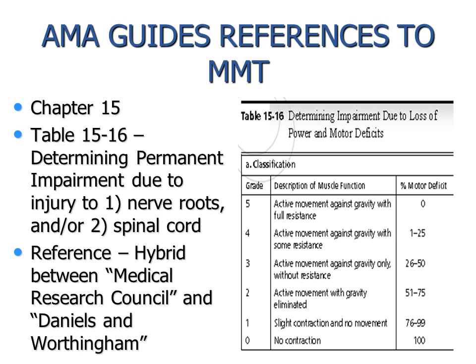So the AMA Guides use a variety of different descriptions, but they actually say the same thing and give the doctor great latitude in assigning the appropriate grade to the muscle or movement tested.